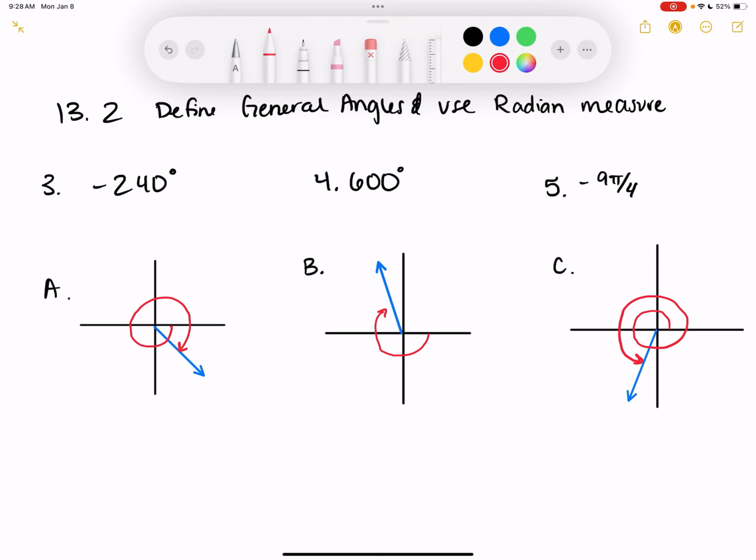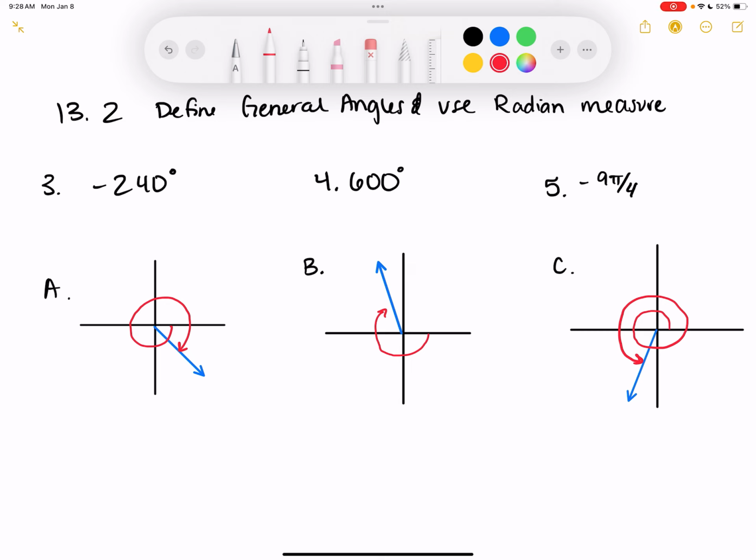All right, so with these problems, they give us different angle values up top, and they ask us to match the angle measure with the graph.